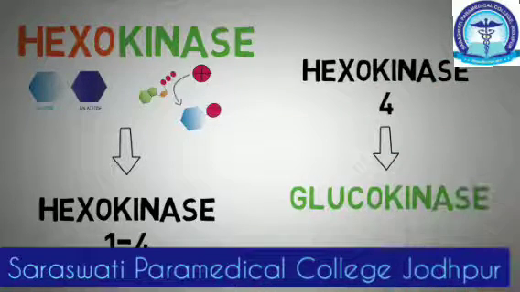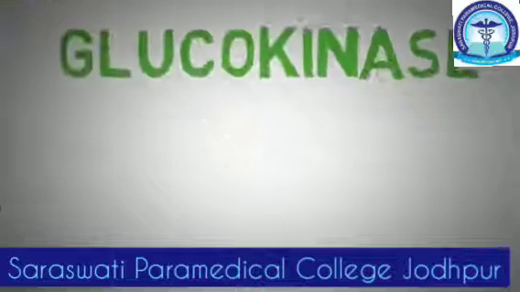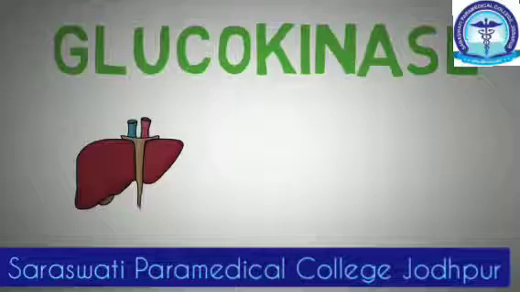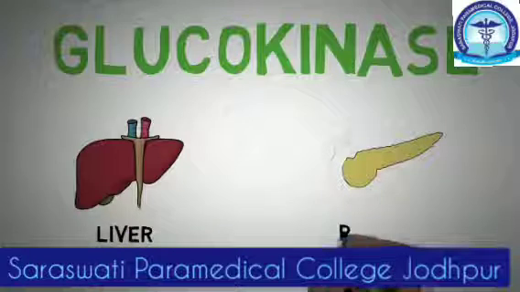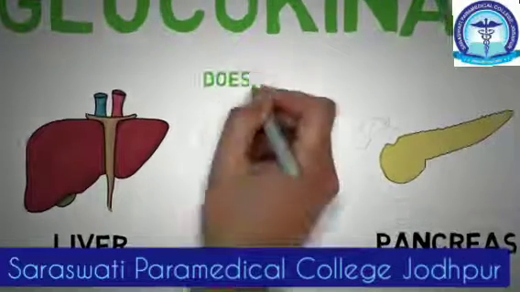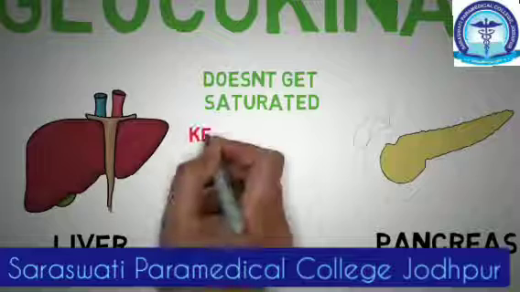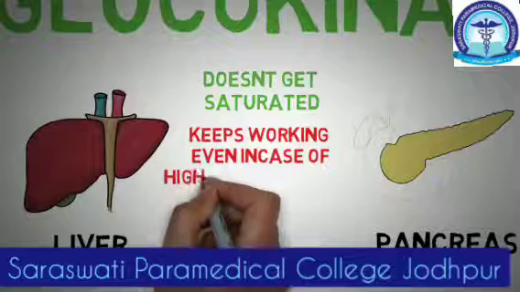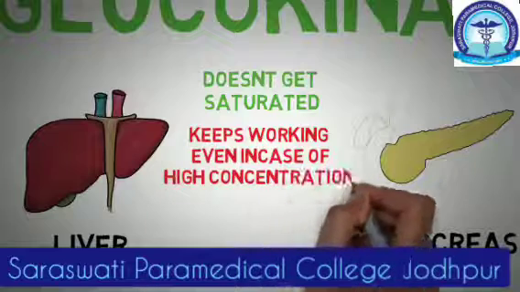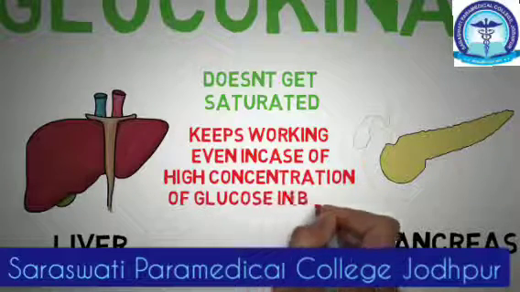Numbers 1 to 3 are found in most of the cells in our body, but the 4th type of hexokinase, known as glucokinase, is specially located in the liver cells and the beta cells of the pancreas. The 4th type of hexokinase is different from the other 3 in that it doesn't get saturated easily, meaning it can keep working even if there is a large concentration of glucose in the blood.